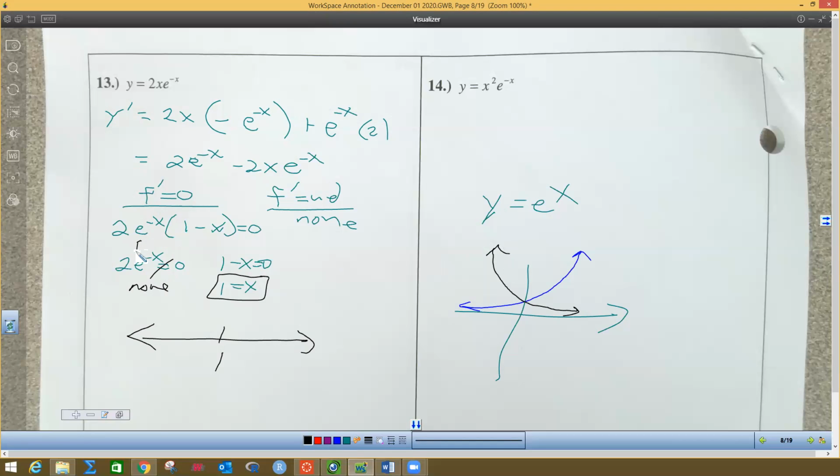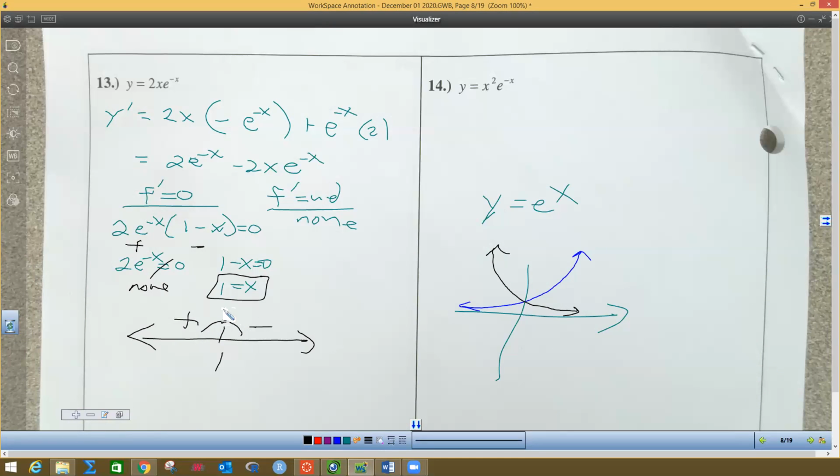So this part is positive no matter what. If I plug 0 in there, this part's positive, so the graph is positive here. And if I plug in any number to the right, let's say 2, this is still positive because this graph never crosses the x-axis. But if I plug 2 here, this becomes negative, and a positive times a negative is a negative. So this graph goes from increasing to decreasing.